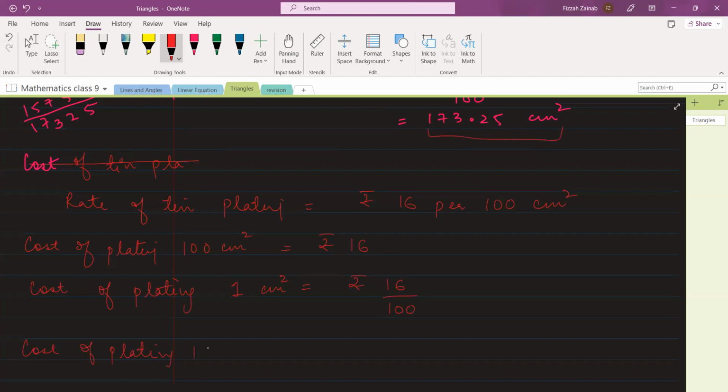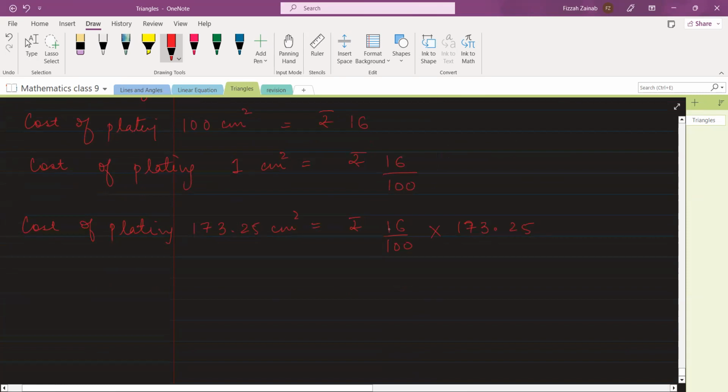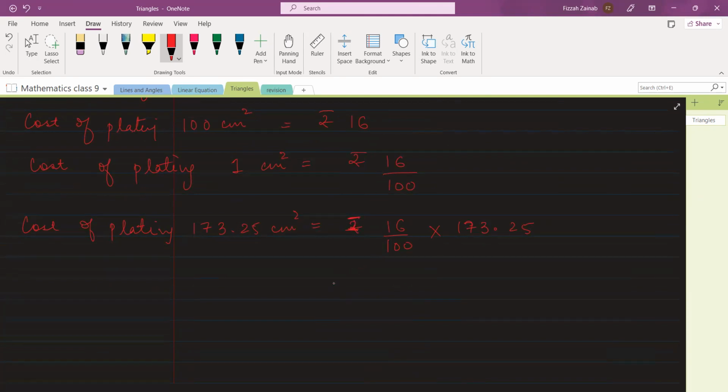So cost of plating 173.25 centimeter square is, so this is the cost for one. Now you multiply this. So 16 by 100 is the cost of 1 centimeter square, and we have 173.25 as our total centimeter square, right? Centimeter square will now go because we want the answer in rupees. This is cost.